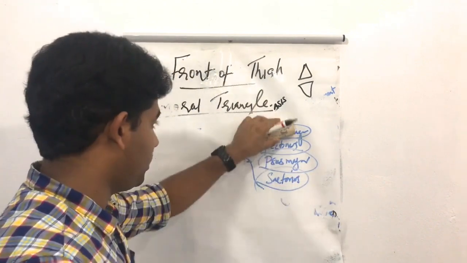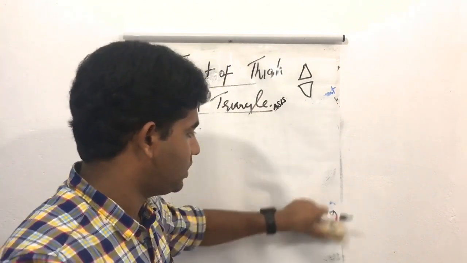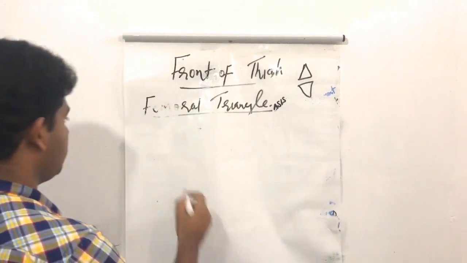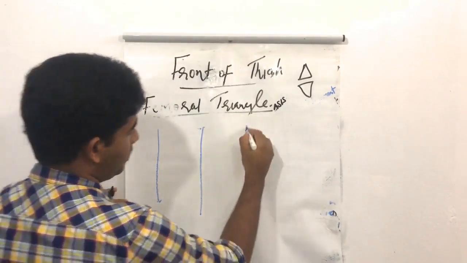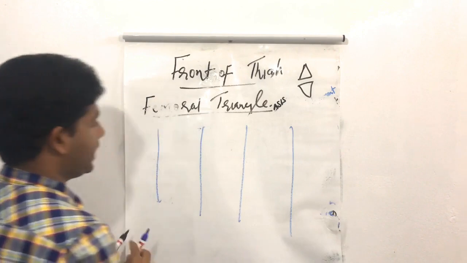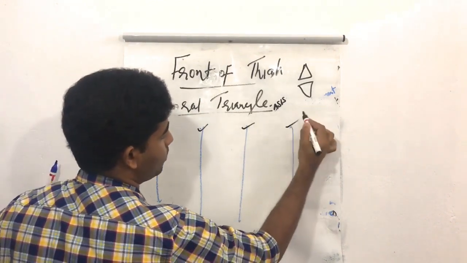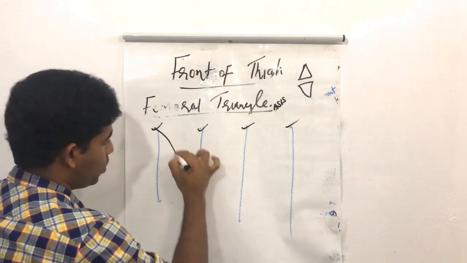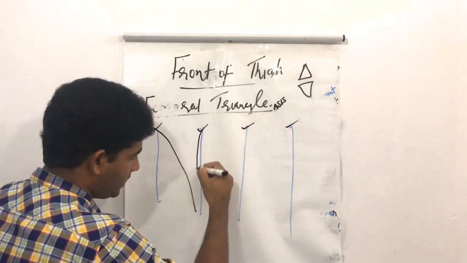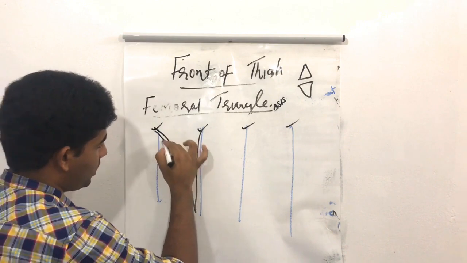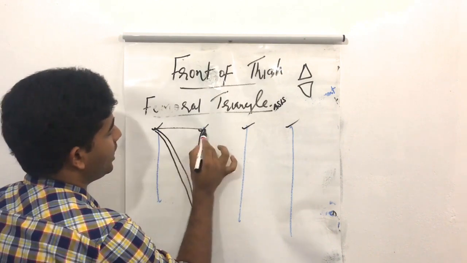In this diagram you will understand it more. Let us draw the diagram and study. That is most important. So let us draw a few diagrams of the thigh region. You have the ASIS, the pubic tubercle, the sartorius muscle, the adductor longus muscle, and the inguinal ligament.